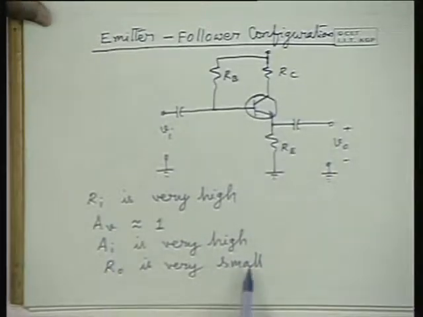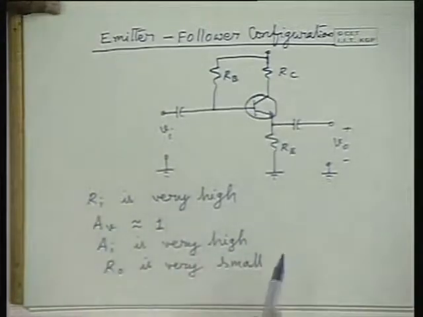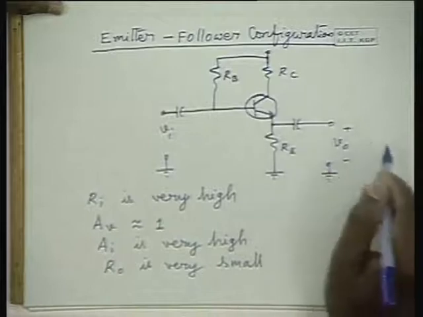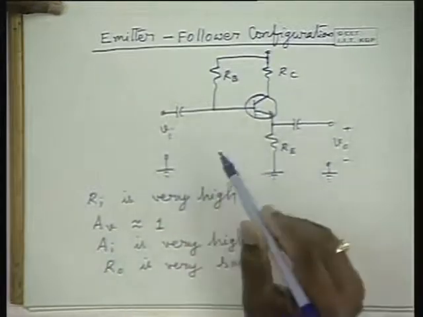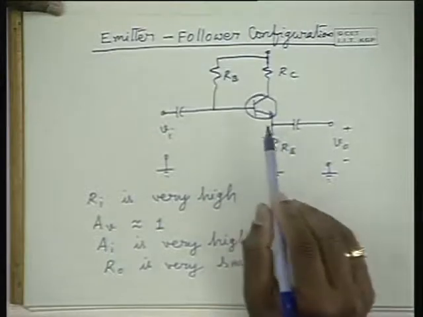Because Ri is very high and R0 is very small, this circuit is typically used for matching between a load and an amplifier. For instance, in an audio amplifier, in a public addressing system, you drive loudspeakers with the amplifier signal.